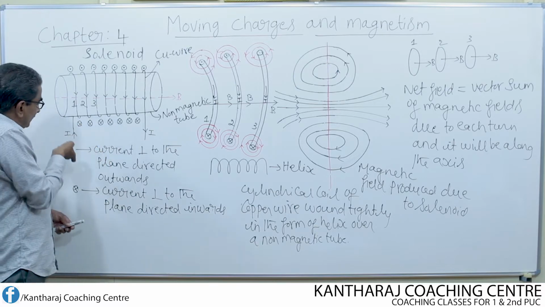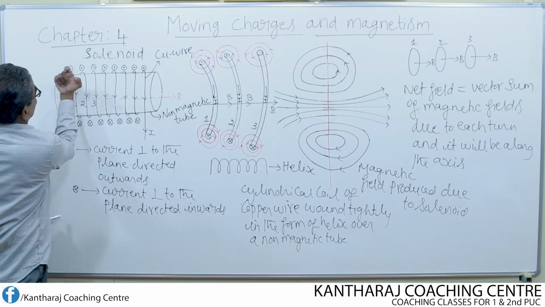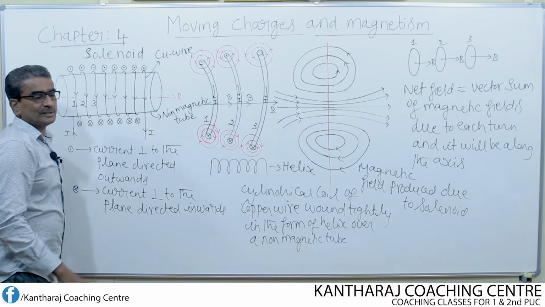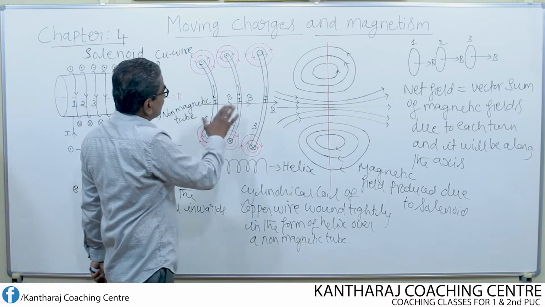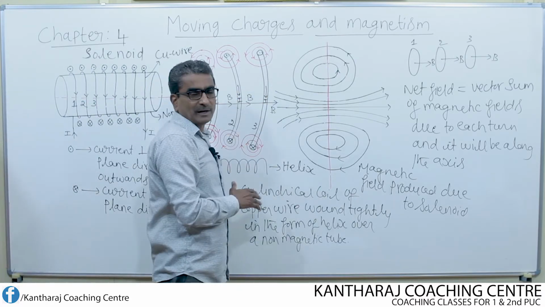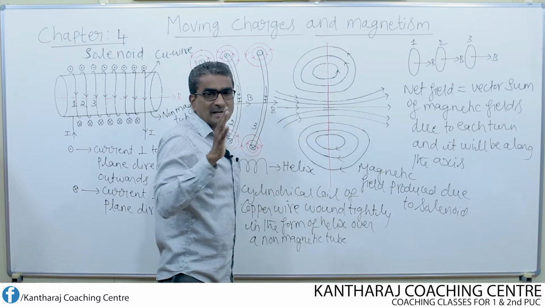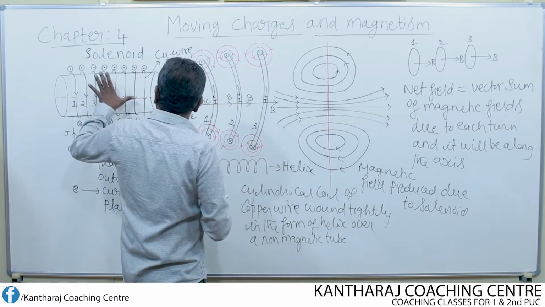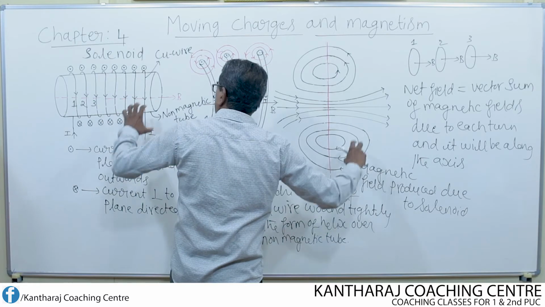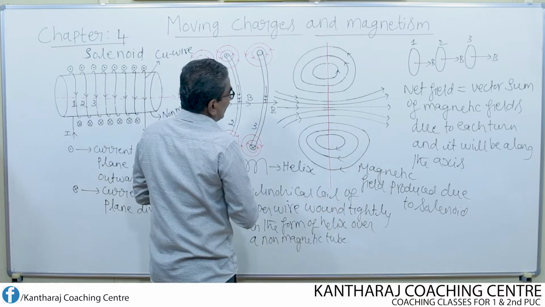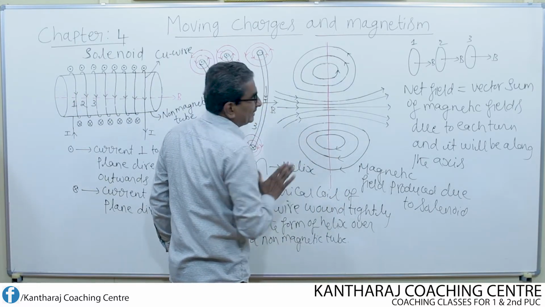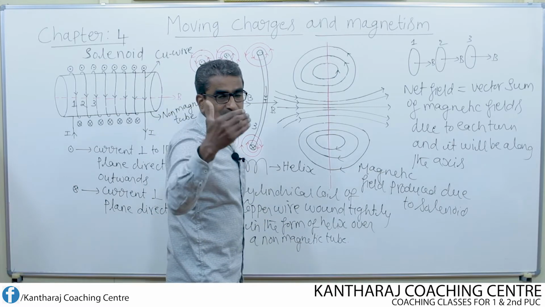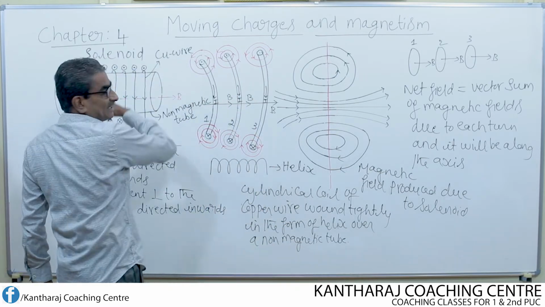So it flows inwards like this, whereas it comes out at the top. So with respect to each turn, we have shown how will be the field pattern, and this is the overall magnetic field pattern produced due to a solenoid, and these lines will be inside the solenoid, and these are once again the magnetic lines of force indicating the magnetic field outside the solenoid.